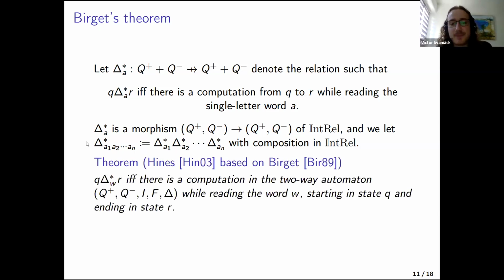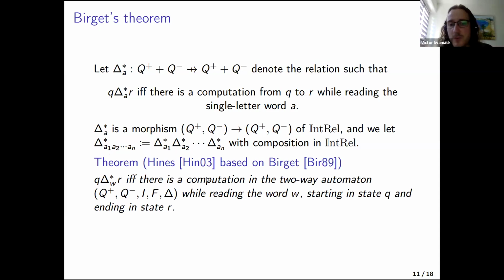If you do that, it works in the following sense. You define abstractly the behavior of the automaton when reading the word whose letters are A1, A2, and so on up to AN.